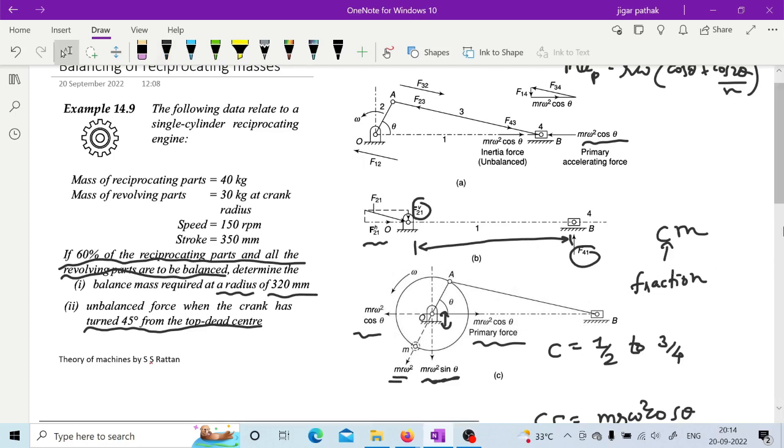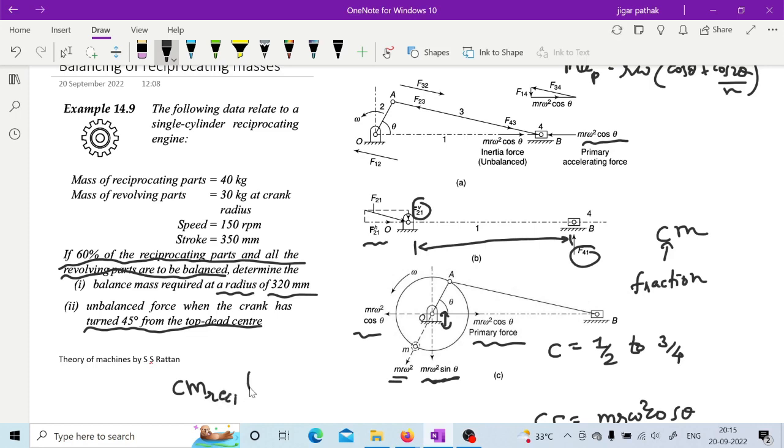Now can you try this question? Please try and answer it, and be a little bit quick. The amount of mass you need to balance is a fraction of the reciprocating masses plus the full revolving masses.